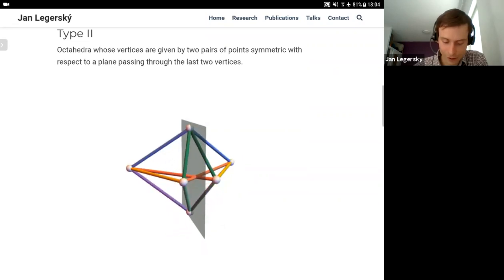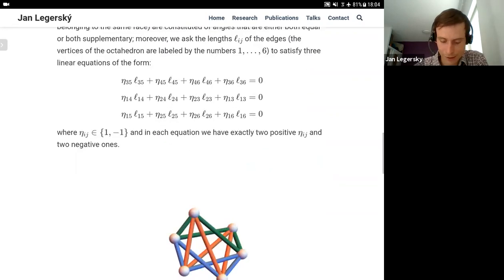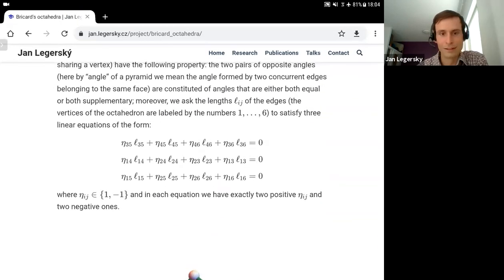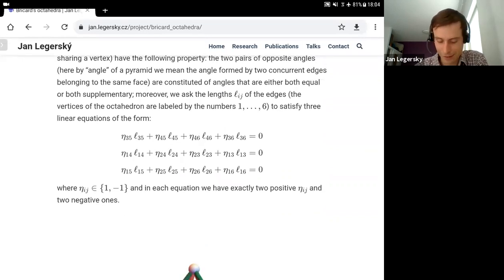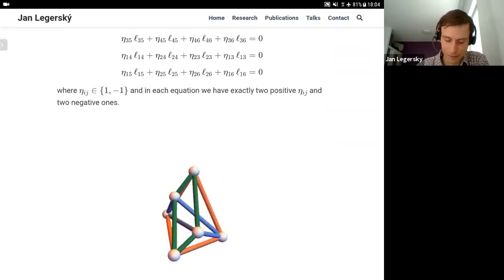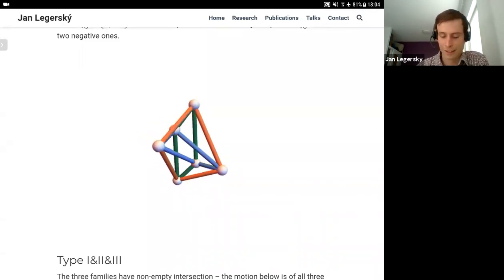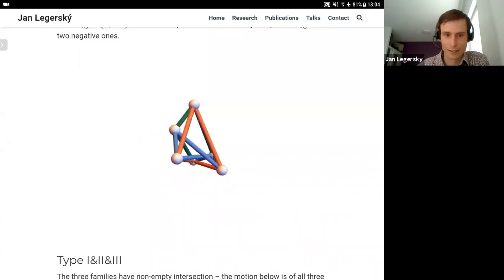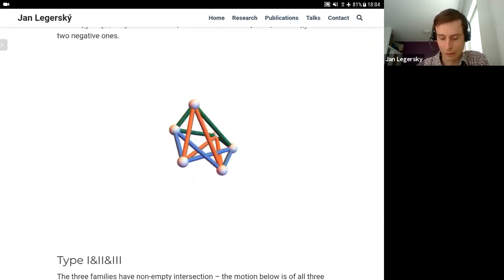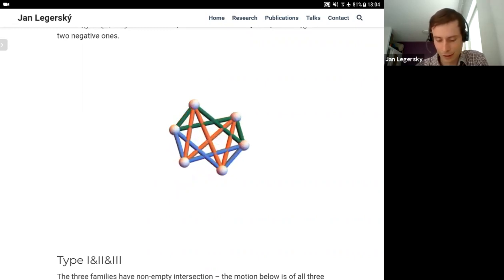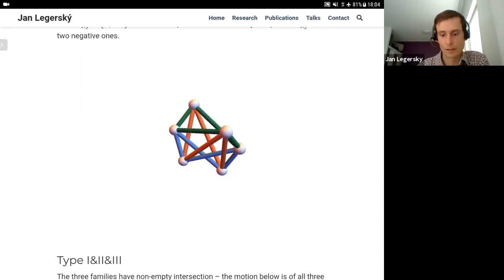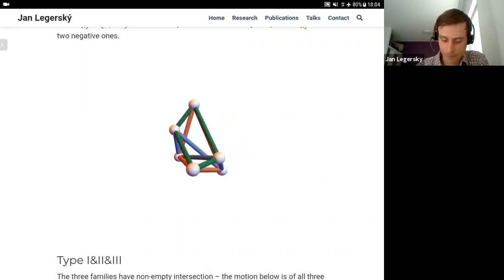There's also a third type that is not symmetric, and it's described in various ways, but for now let me just show you an animation of this third type, and then I switch to my slides. Here we can see how it flexes, and actually it has two flat poses, this third type of octahedra.